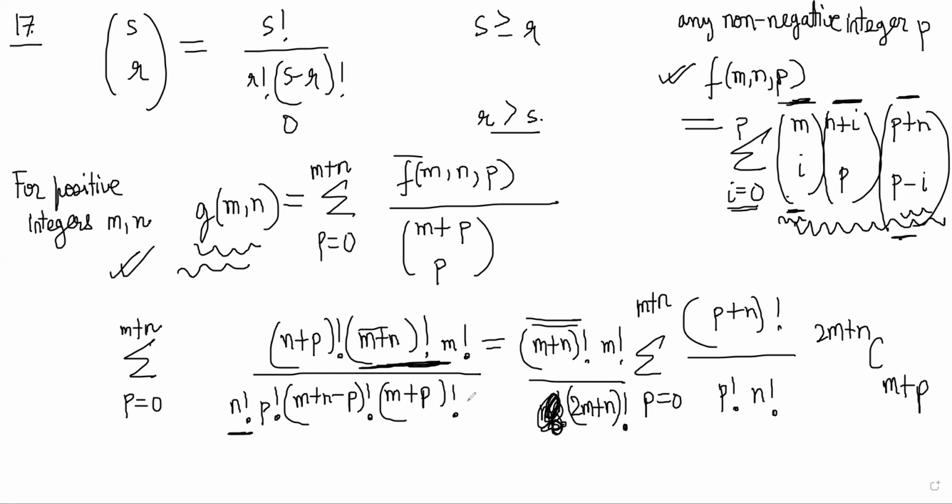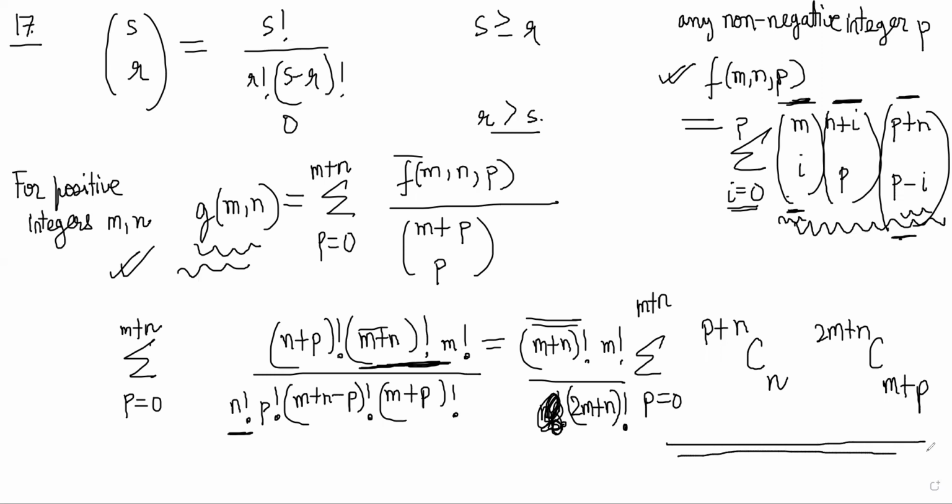So this becomes P plus n C n. Now I have to think of this summation, because there are two things where P is varying, and the rest of the stuff is outside.